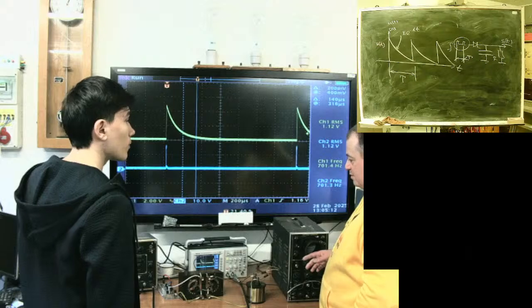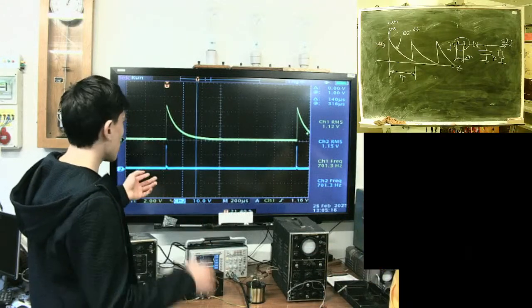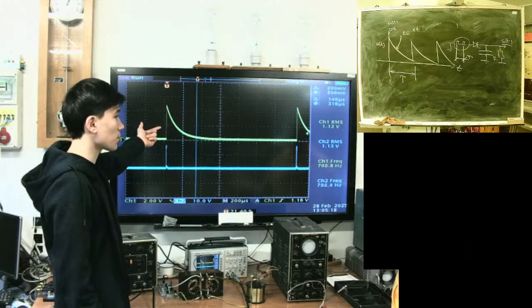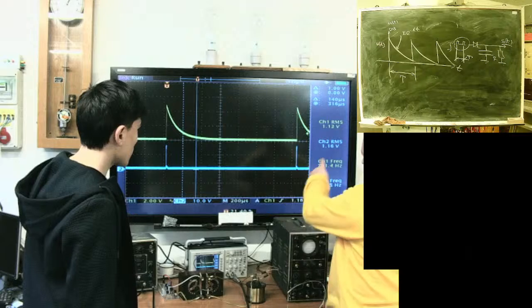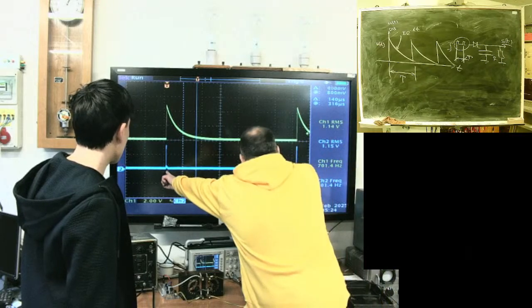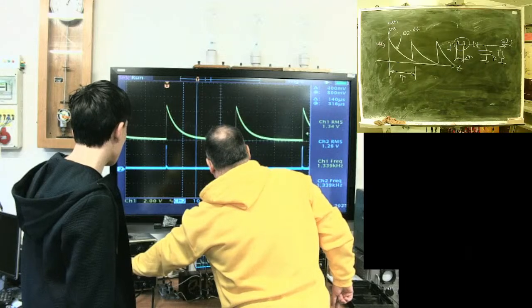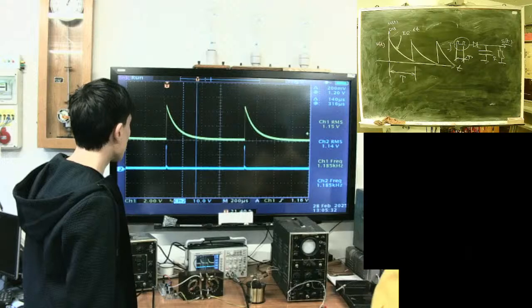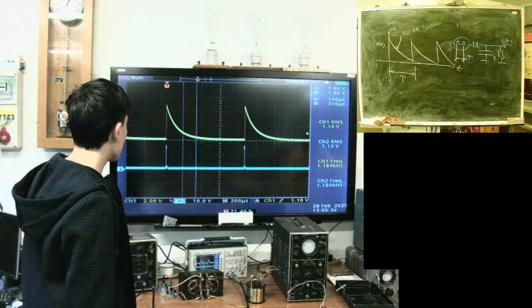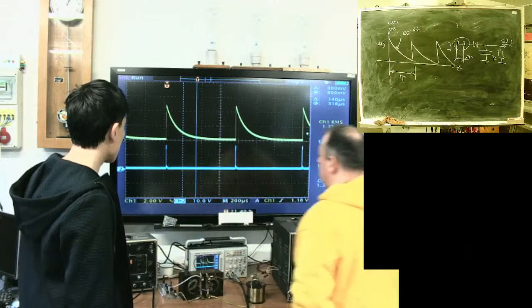So the period of the capacitor charging and discharging is even less than the period of this sequence, which is set by the pulse frequency. It repeats itself.